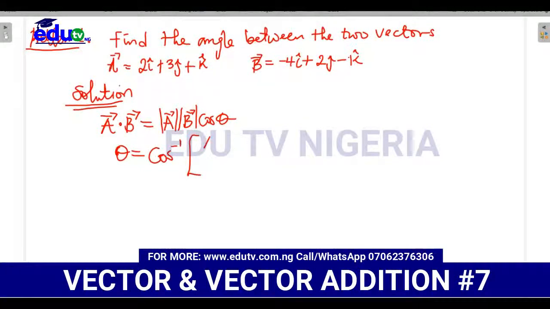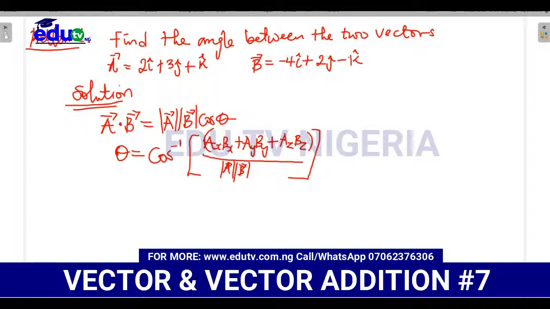ax bx plus ay by plus az bz, all over the product of the magnitude of vector A and the magnitude of vector B. So that's what's going to give us the angle.